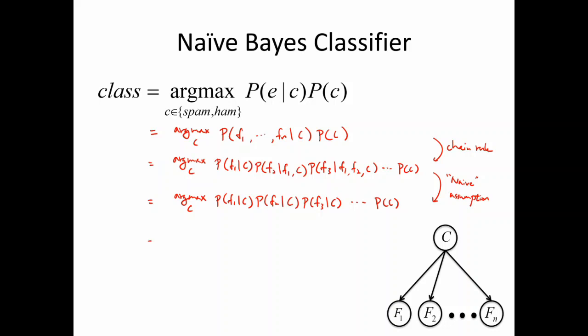And this can be more succinctly written as argmax of P of C and the product of P of Fi given C.